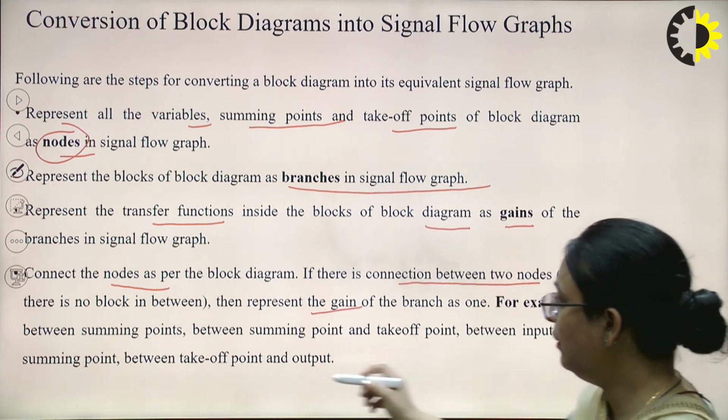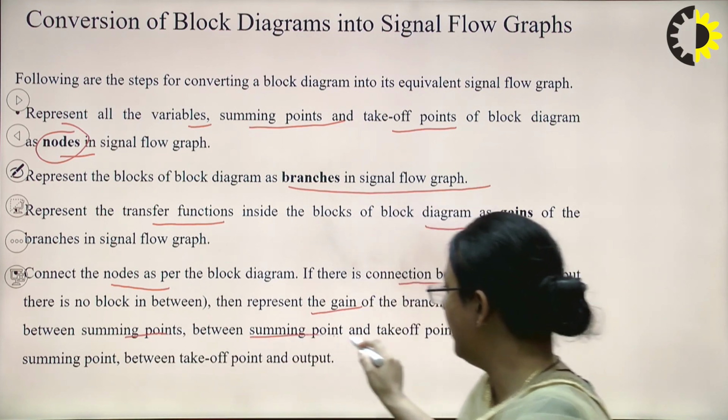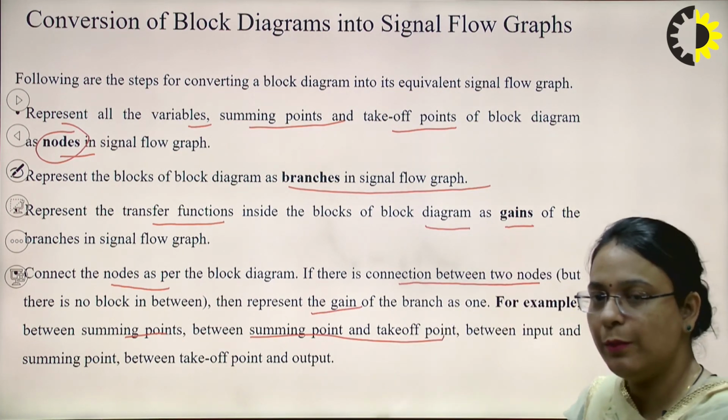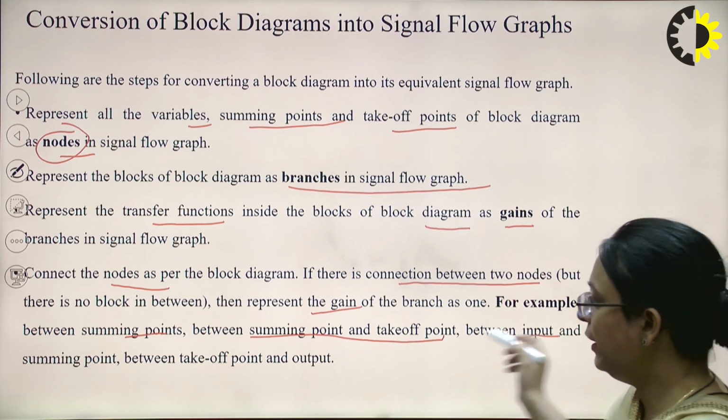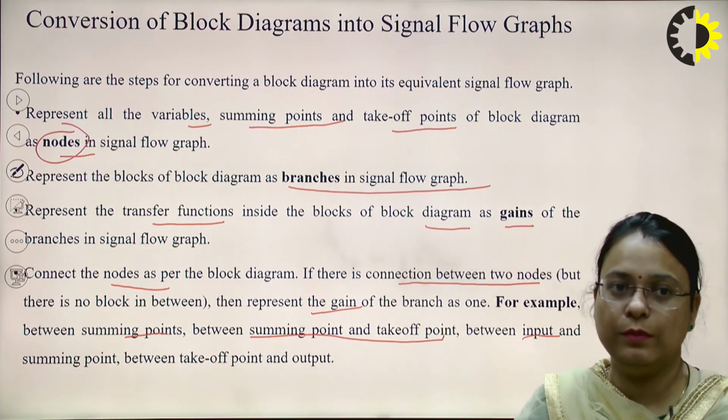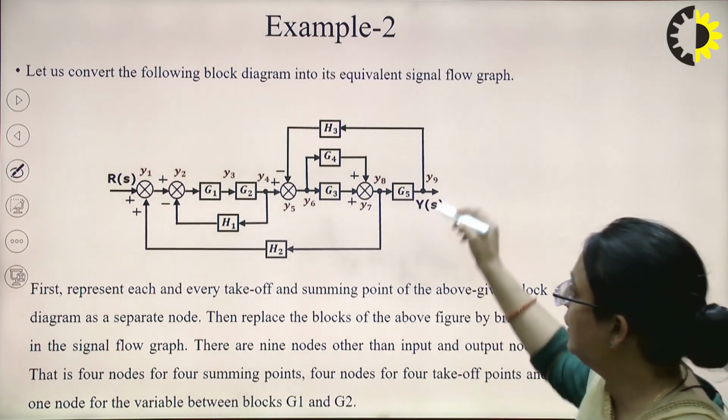For example, between two summing points, between a summing point and a takeoff point, between input and a summing point, and between a takeoff point and an output. Now see this example.